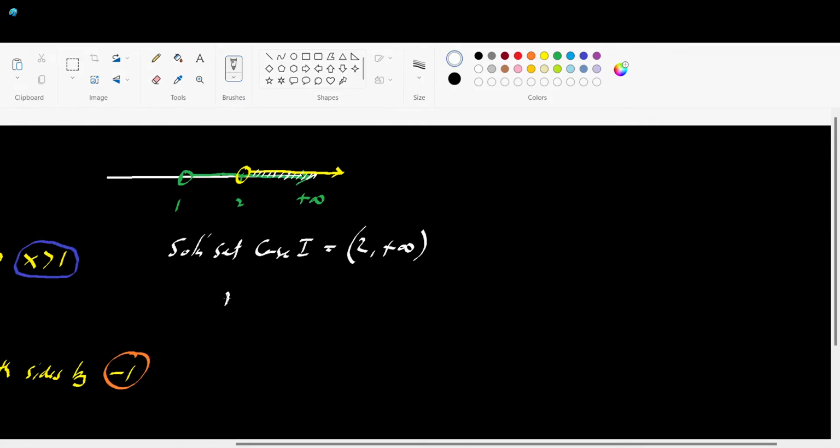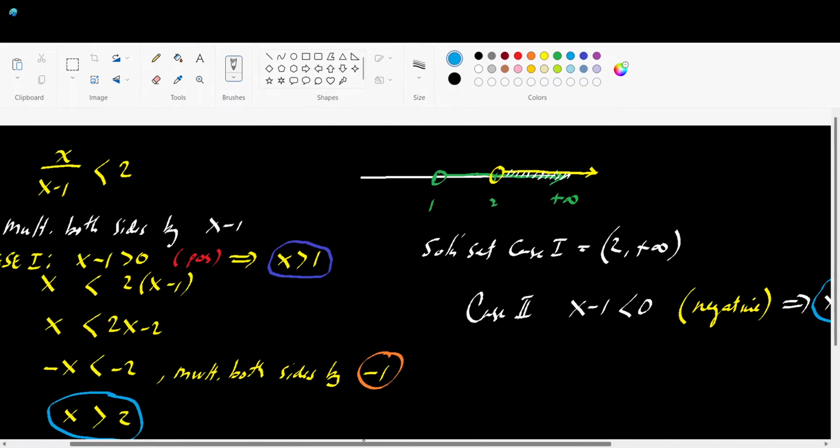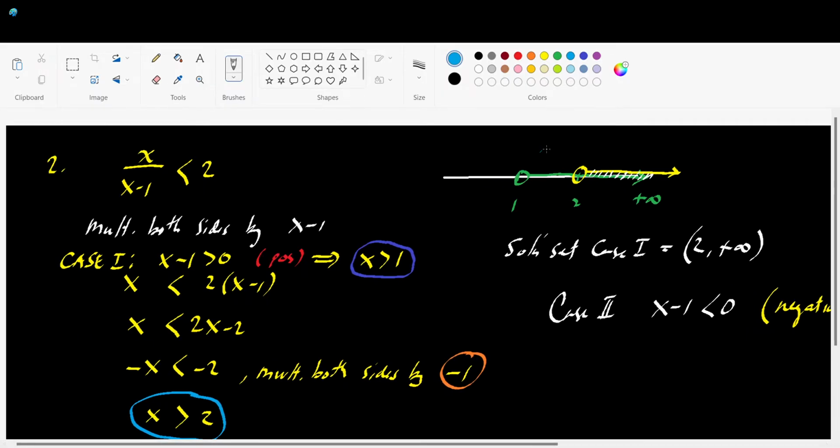So we proceed to case 2, where x minus 1 is less than 0. If it is less than 0, that means that it is negative. That is equivalent to x less than 1. Let us encircle that. So we're considering now x's that are less than 1. And see what will happen when we multiply both sides by x minus 1.